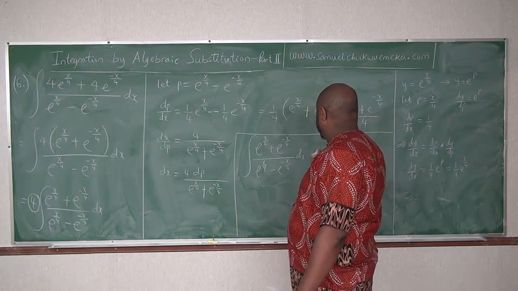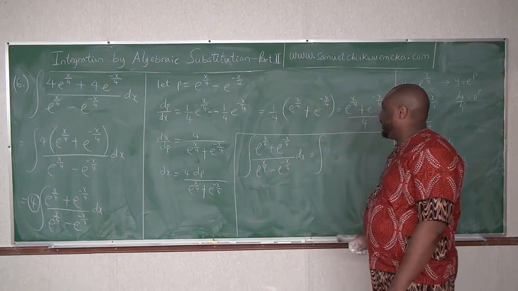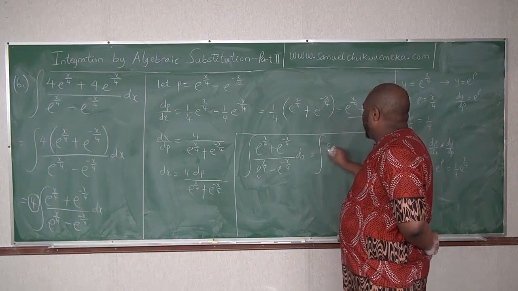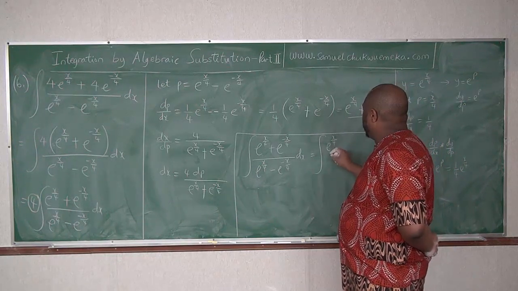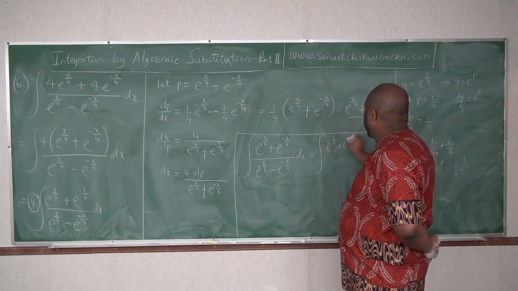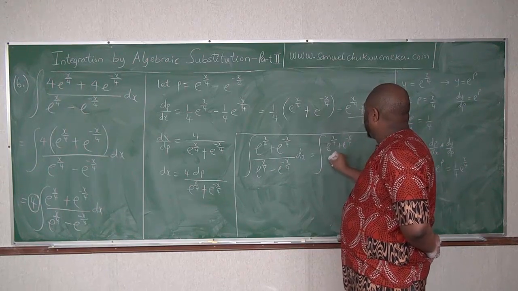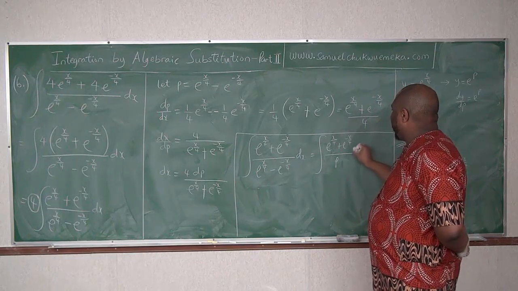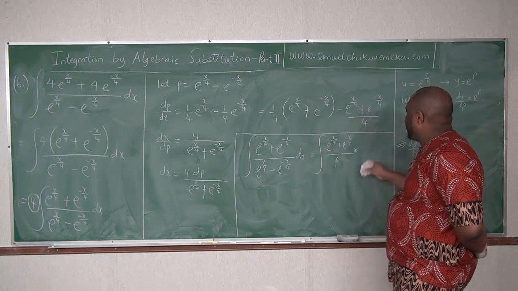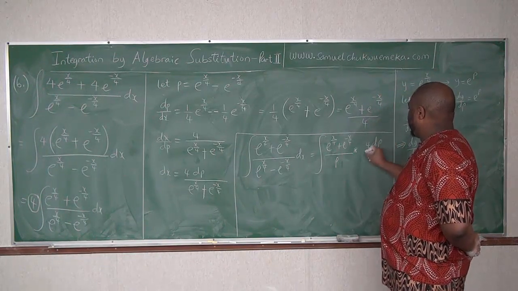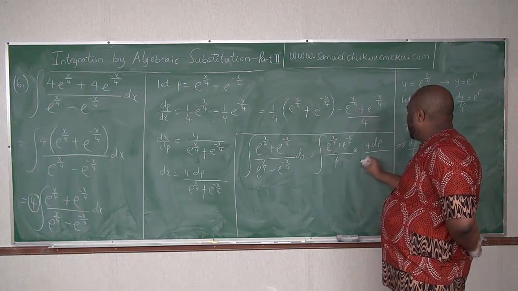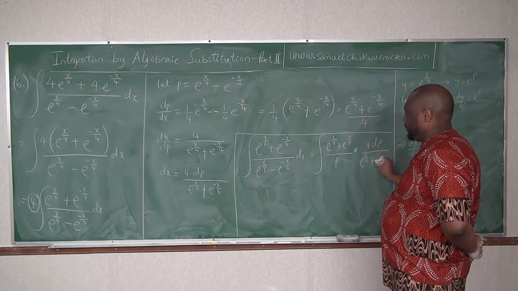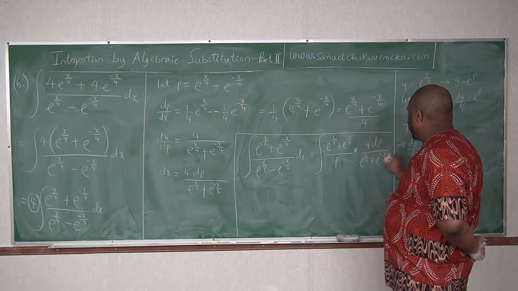The x will now give us the integral of e exponent x over 4 plus e exponent negative x over 4, all over p, times 4 dp over e exponent x over 4 plus e exponent negative x over 4.